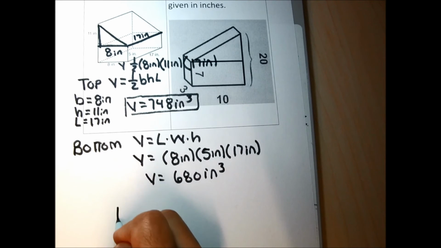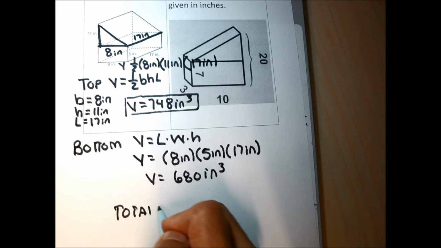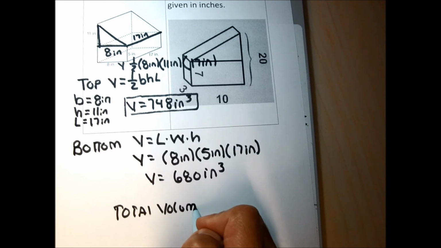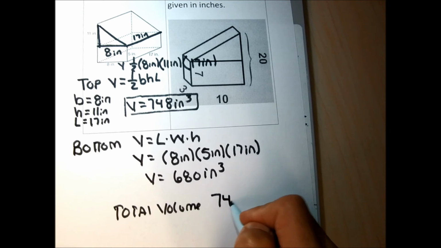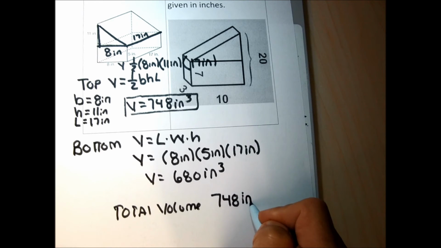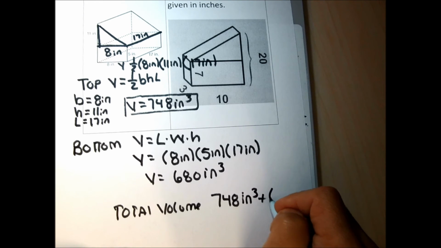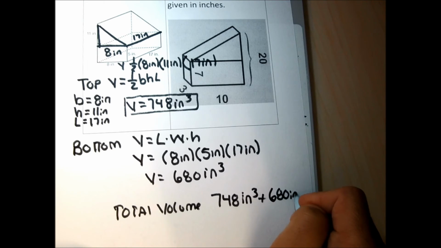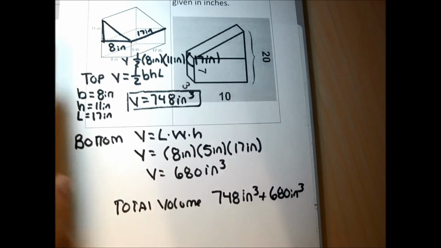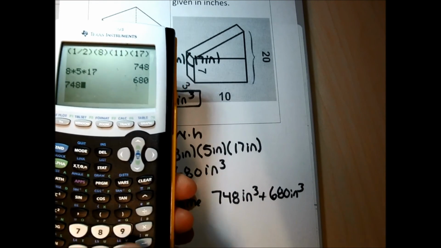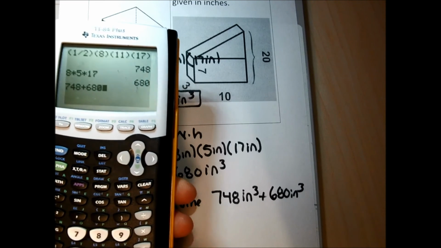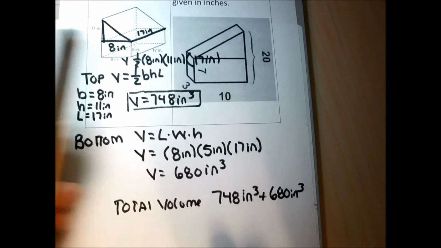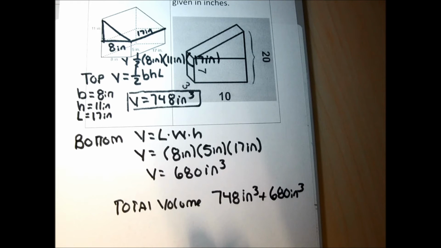And so the total volume, I need to add the 748 cubic inches plus the 680 cubic inches, and I get 1,428 cubic inches for the volume.